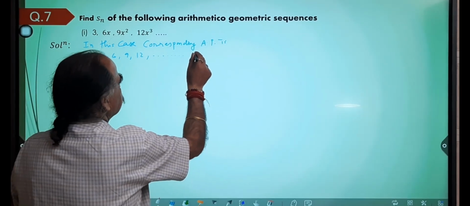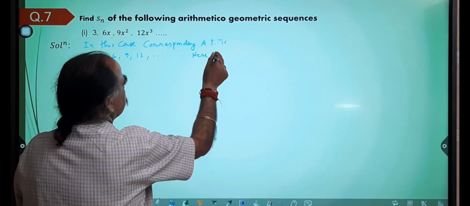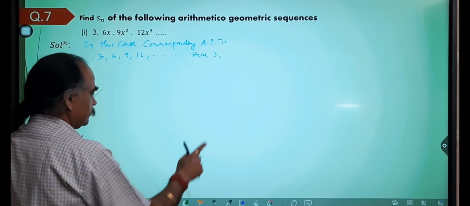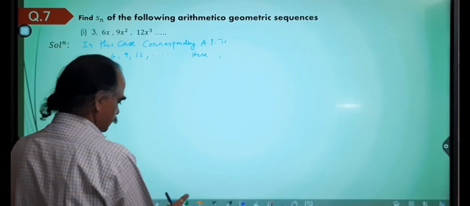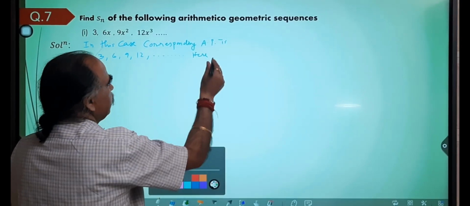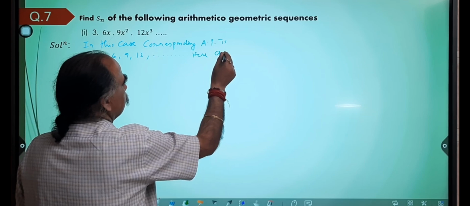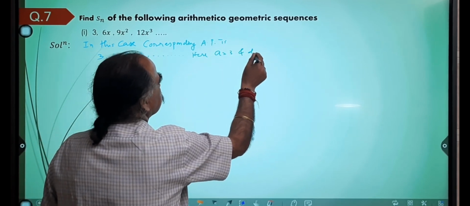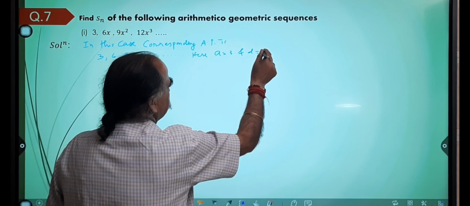Here A is 3 and common difference is also 3.